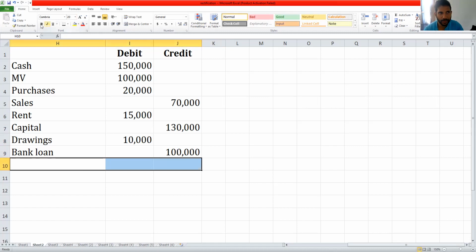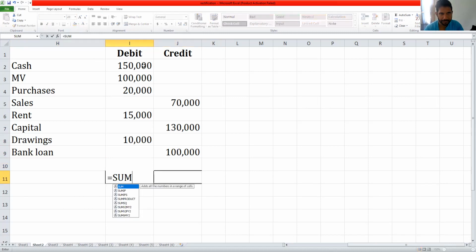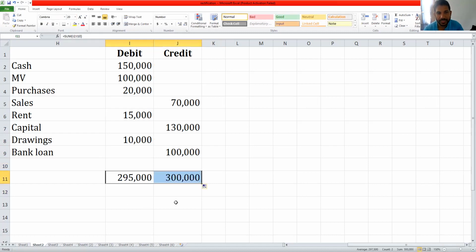According to this question, this trial balance, let's get the total of the debit side and the credit side and see the sum. This is 295,000. Here it is 300,000. Do you understand? The trial balance disagree. But I told you, you can't leave a trial balance like this, right?